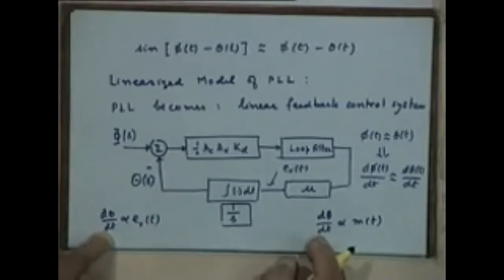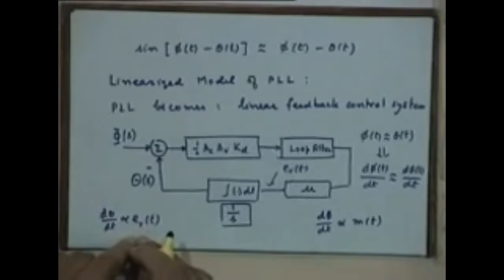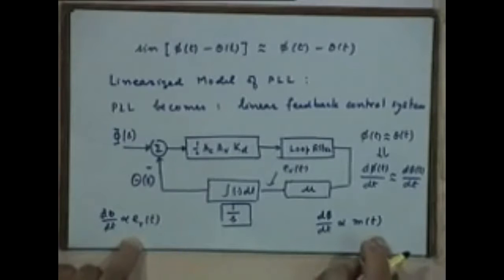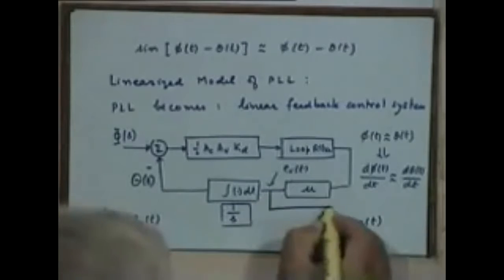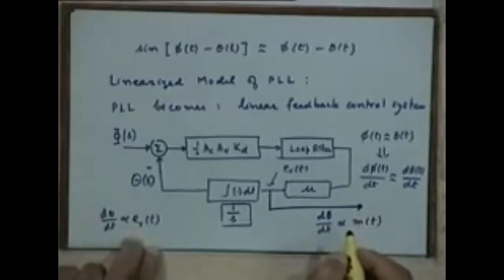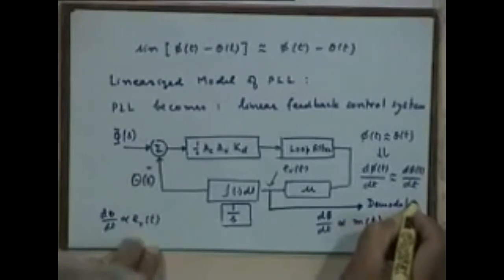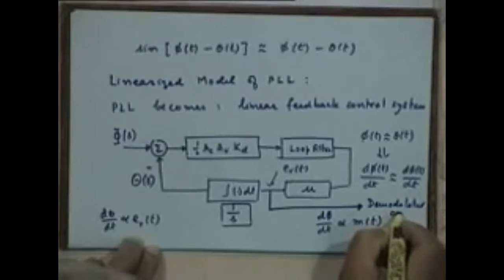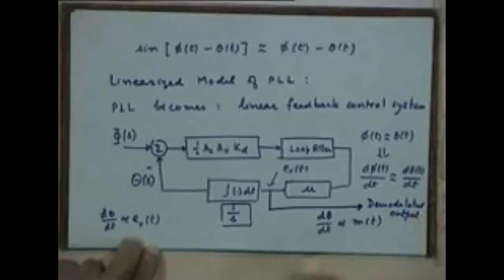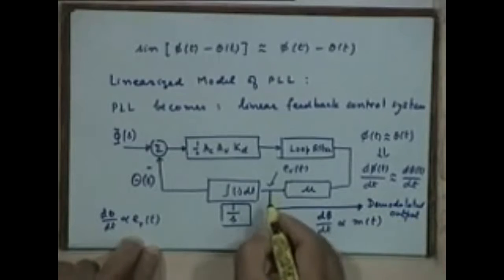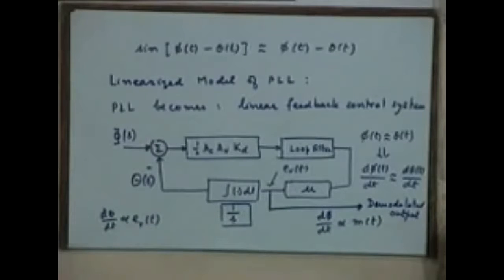and since these two are approximately equal, what does it mean? That E_v(t) would be approximately equal to the message signal m(t). Therefore, this output here is my demodulated output. This is the point that at the moment you need to understand. E_v(t) represents my demodulated output.